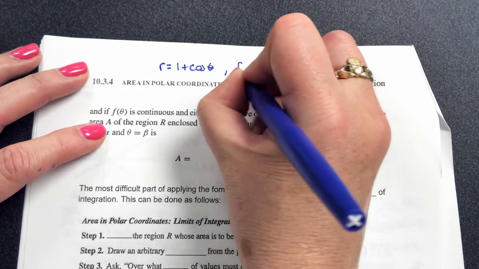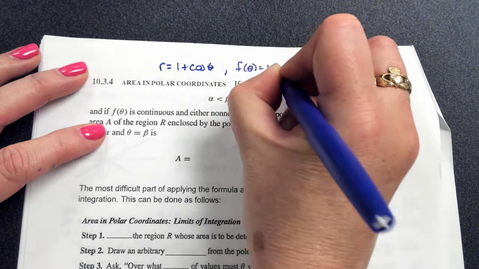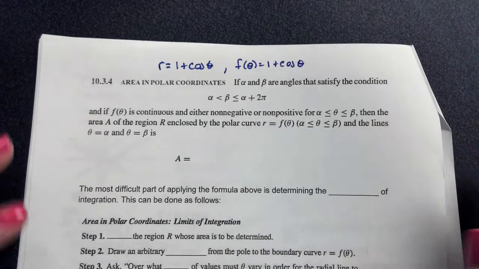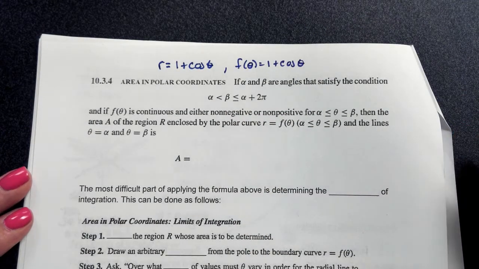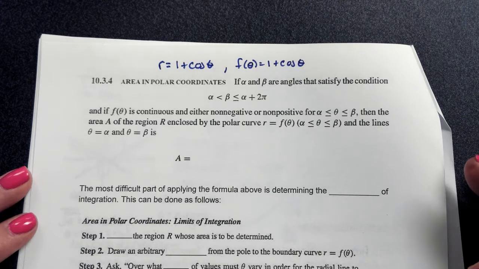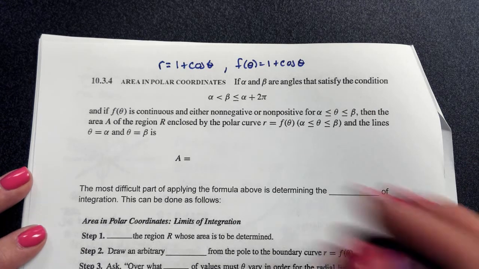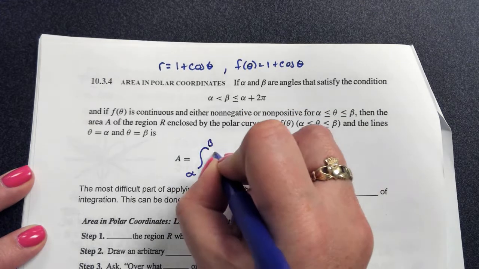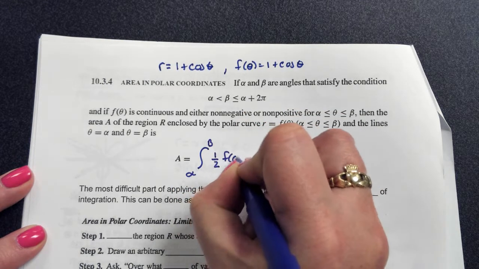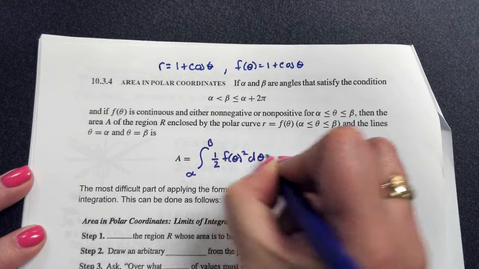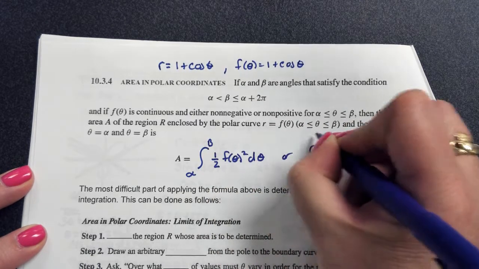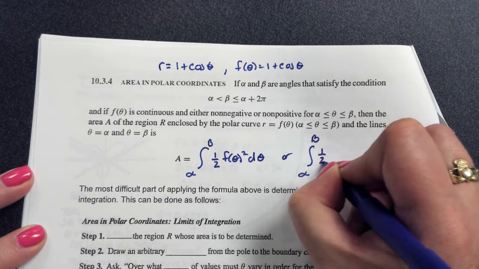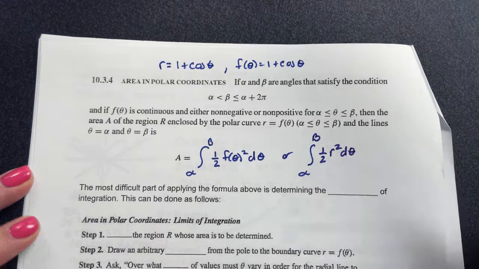Another way you could write this would be f of theta is equal to 1 plus cosine theta. So maybe that kind of affects what happens to theta in that particular formula. So when you're dealing with your area formula, remember it's going to be from alpha to beta of 1/2 f of theta squared d theta, or from alpha to beta of 1/2 r squared d theta.